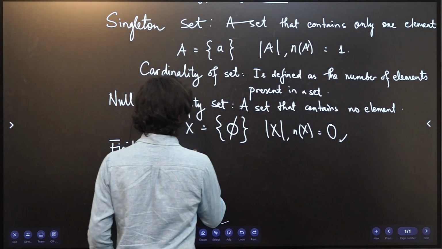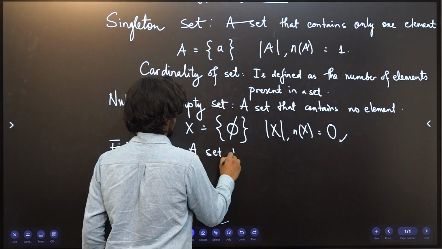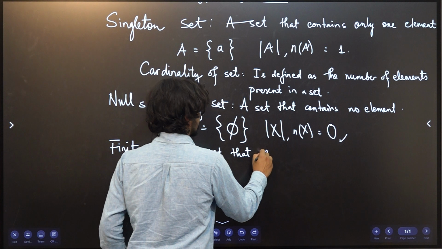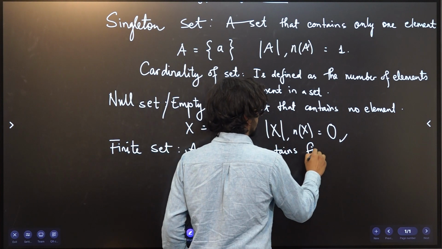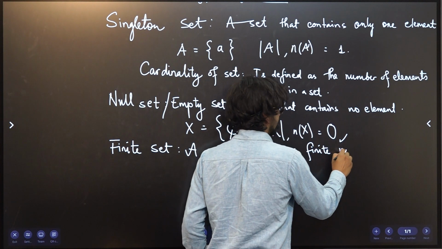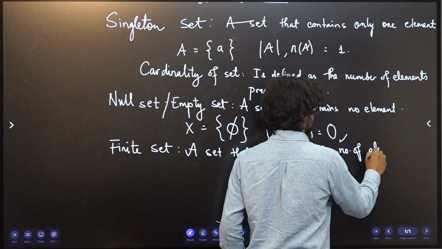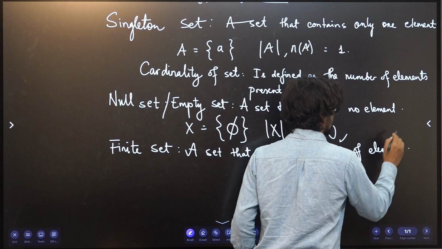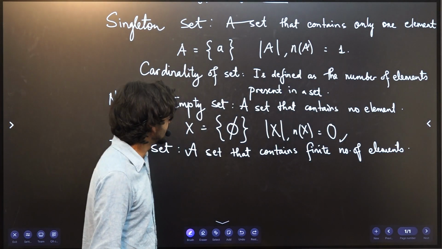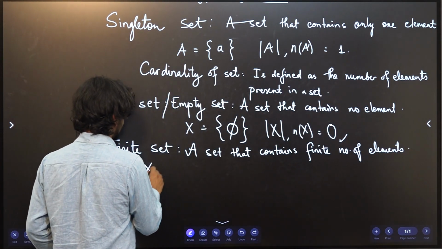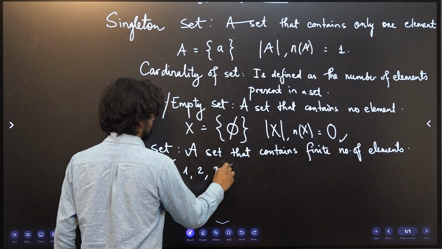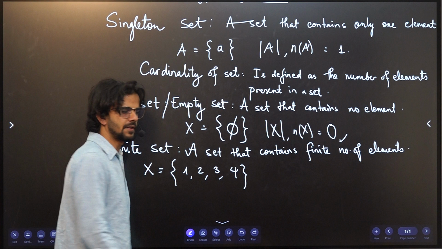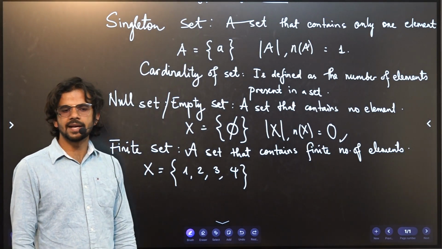A set that contains finite number of elements. कतिवटा elements छन् त? Finite. For example, let's take x equals to 1, 2, 3, 4. Is this a finite set? Why is this a finite set?